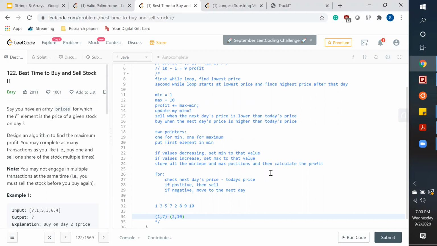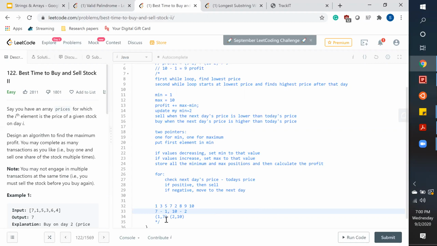So if my buys and sells are happening at that point, what I'm essentially doing is computing 7 minus 1, and then computing 10 minus 2, right? But just to make the coding a little easier, because I don't want to deal with storing all this min and max and checking when everything is going to change.